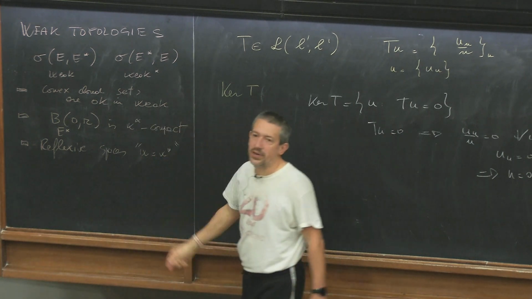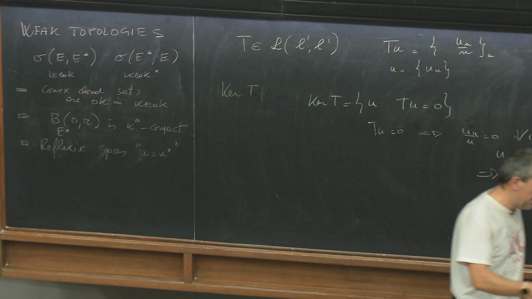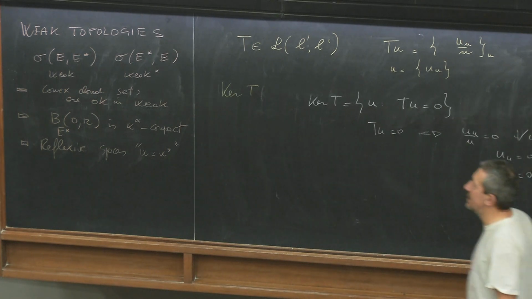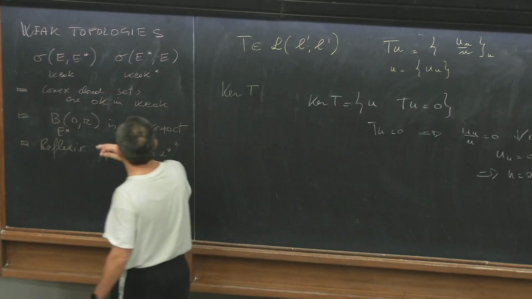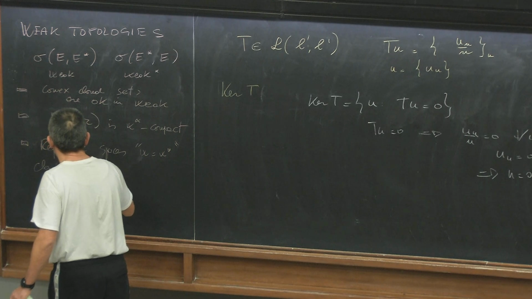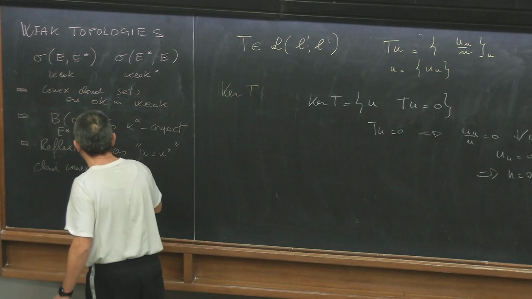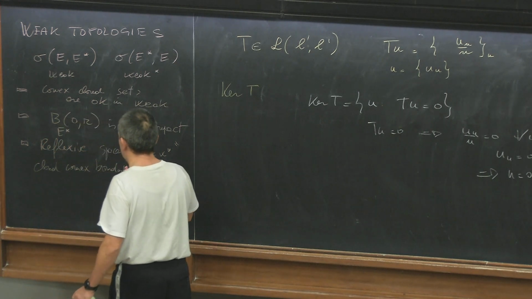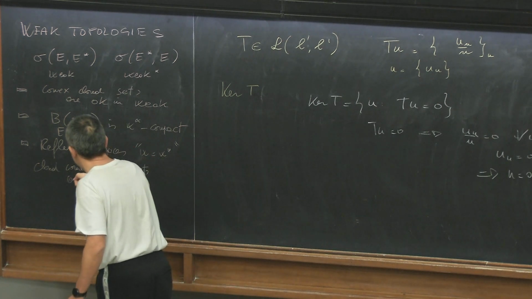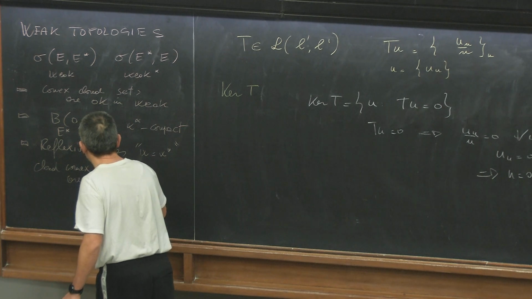Let me write it this way: because if you embed in the bidual, essentially what you get is that closed convex bounded sets are weakly compact.